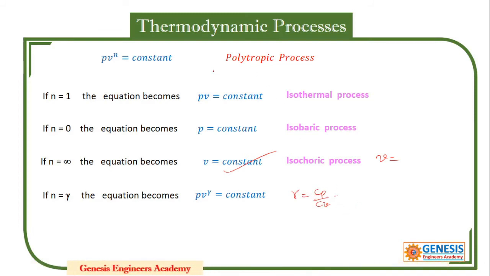So the simple polytropic process, poly means many, so many processes are there in this equation, and you may get these questions in your competitive exams when you are preparing for a government job or any job. Okay, so you can start with the polytropic and change these n values.